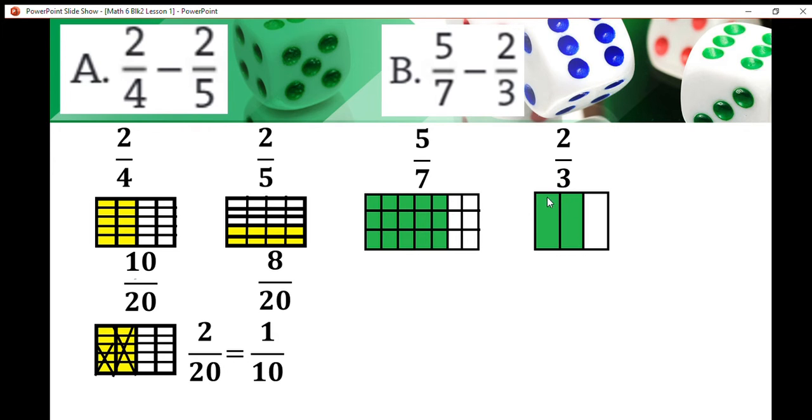The 2 is a shaded part, and we will cut it by 7. So 1, 2, 3, 4, 5, 6, and 7. So if we count them all, the total of the strips now is 21. And the shaded part is 15. So we have 15 over 21.